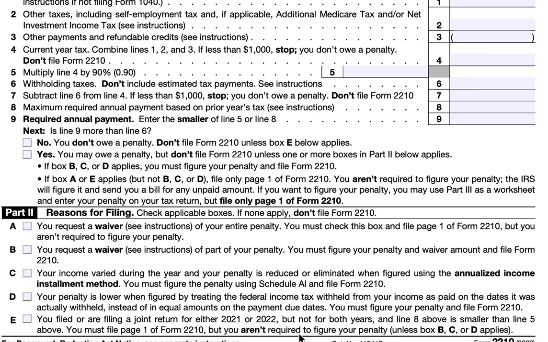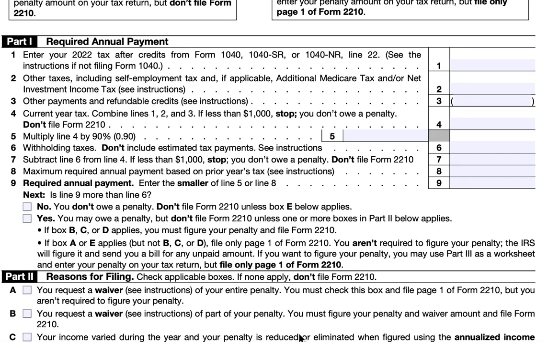So if you received a huge bonus in the early part of the year, and paying the tax on that bonus up front actually means a lower penalty than having the tax withholding spread throughout the year, then you would need to file this form. And again, these are all reasons that you would file this form to show a calculation that is to your benefit.